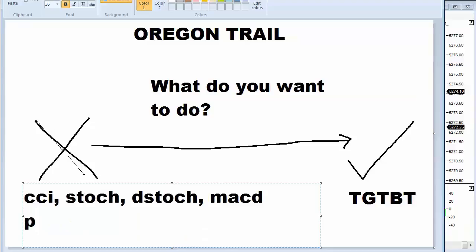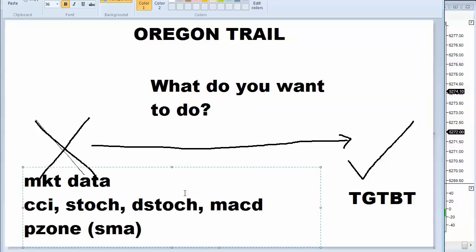And we also have the power zone, or an SMA filter, available to us. Those are the tools. We have the ability to look at different time frames, and we have the ability to look at different markets. So these are the tools that we have available to us.